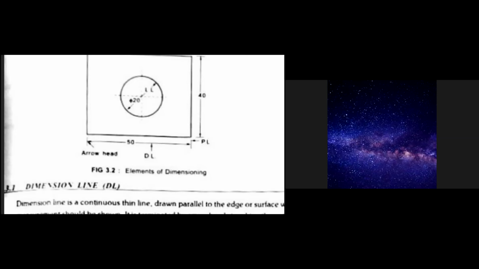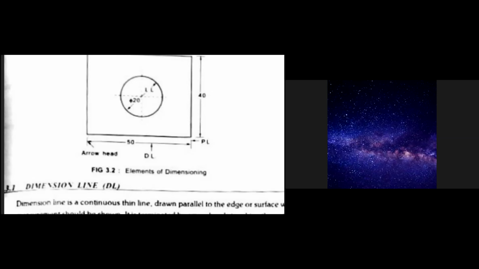The dimension value here is 50 mm. Always, all dimensions must be written in mm only. Here PL means projecting lines, DL means dimensioning line, LL means leader line. The second element is the projecting line.